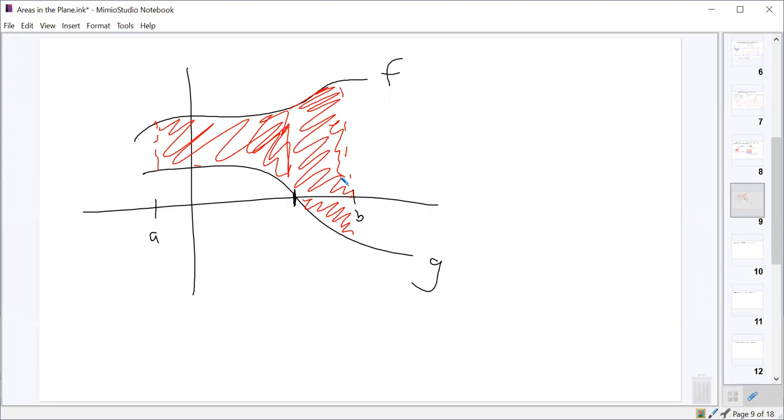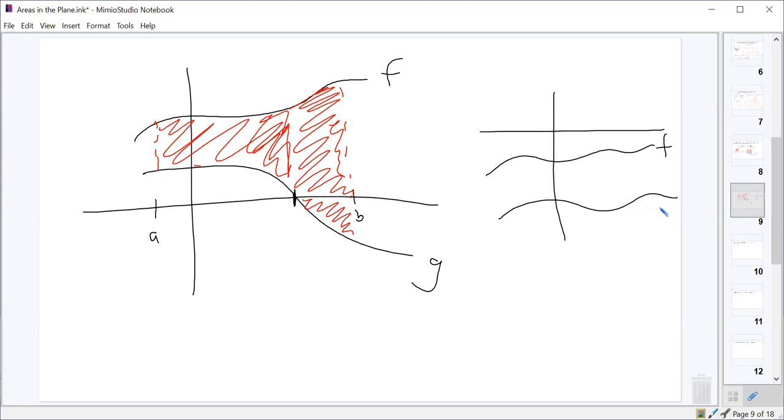Even if, let's suppose both of them, I guess I can draw my y-axis up here. Suppose there's F and there's G. Well, if I want the area between F and G, that's this section in between, right? But if I do F minus G, I'm getting this small negative here that I then subtract a much larger negative from.